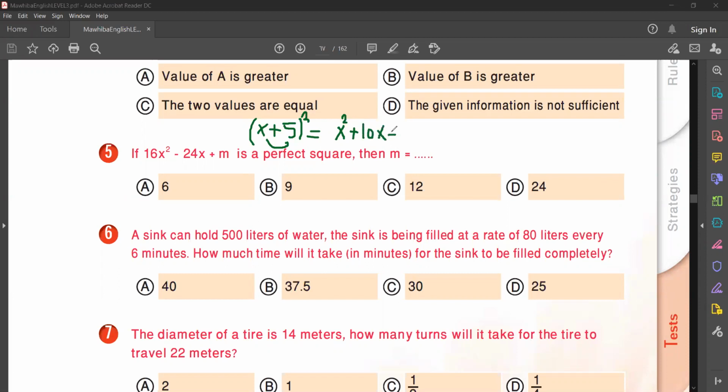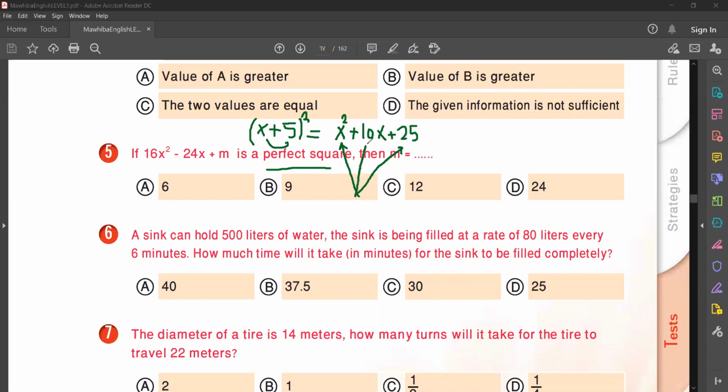Okay. What about the second one? So 5 squared is 25. Now this is a perfect square, right? We have the first one squared, and the last one squared also.